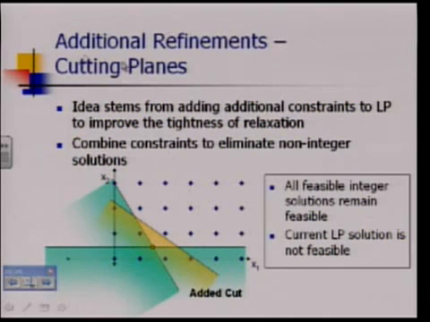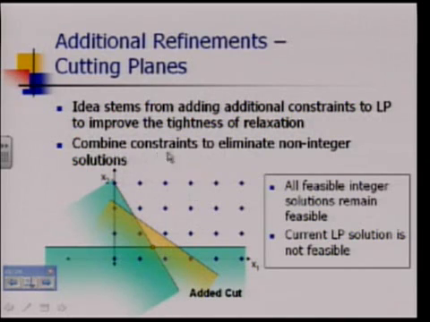So the idea is that with branch and bound, you can think about it as having integer constraints along different axes in the decision variable. And sometimes you may want to tighten your constraint of the relaxed linear program by introducing what? An additional plane to cut your feasible set.